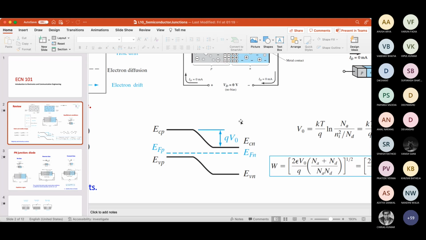Even most of the resistors are metallic, and most of the wires that we use in circuits are metallic. So everything is metallic in that. And generally metals are simple because in metals we do not have the notion of conduction and valence bands. We just have the notion of Fermi levels.